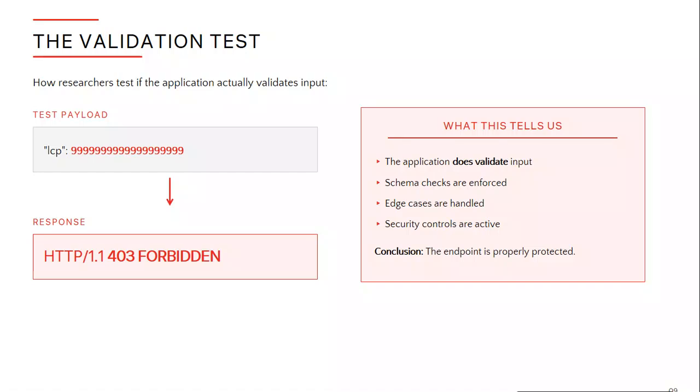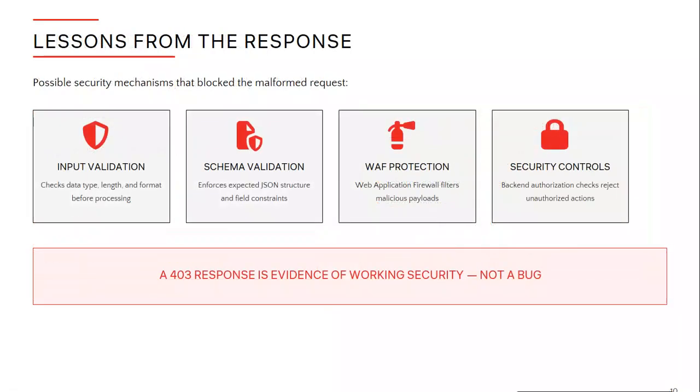It can be a valid bug because the fact that you can bypass it means you found a loophole to bypass the controls and the firewalls there. Now, lessons from these responses: input validation, schema validation, WAF protection, and security controls. Input validation checks data type, length, and format before processing.